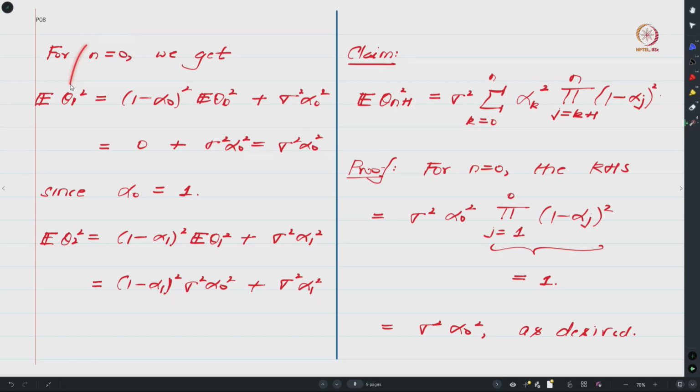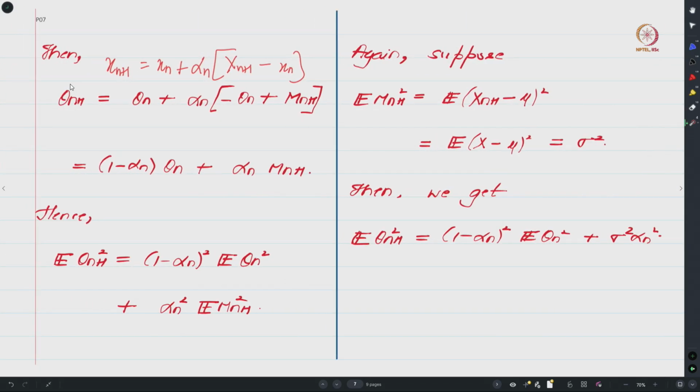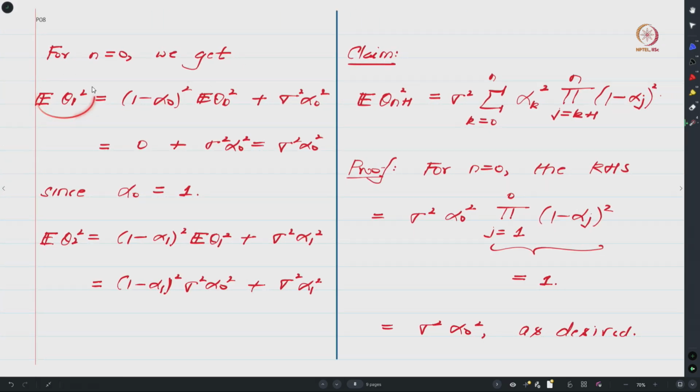So for n equals 0, right, if you go back over here, if you substitute n equals 0, one can see that the expected theta_1 squared is (1 minus alpha_0) the whole squared times the expected theta_0 squared plus sigma squared alpha_0 squared, right.